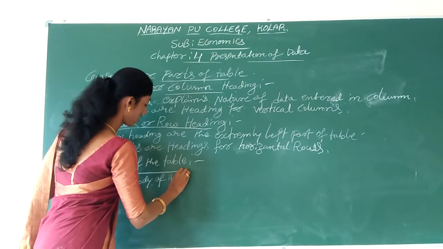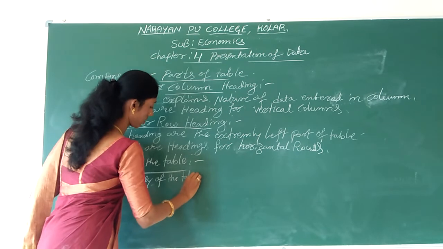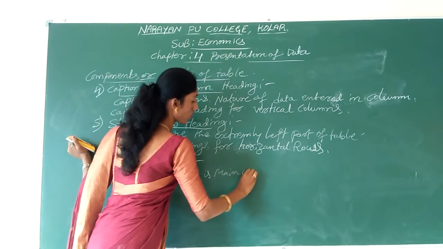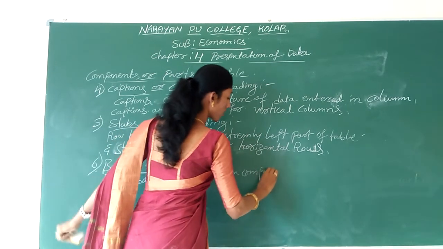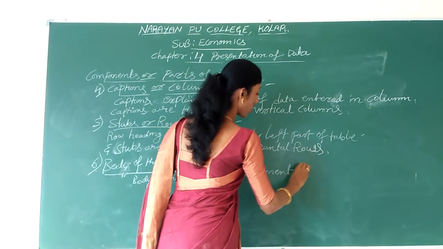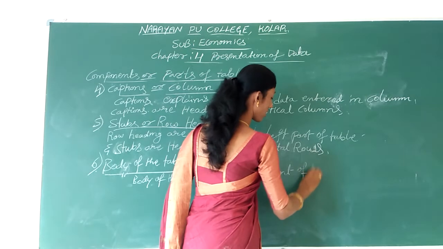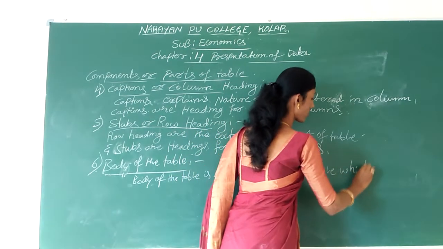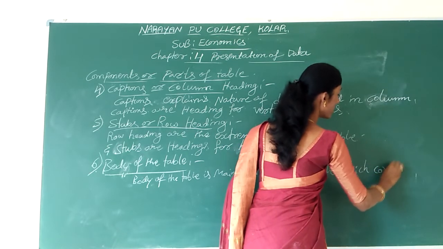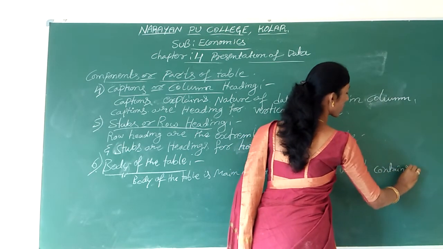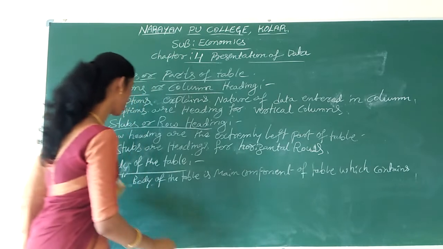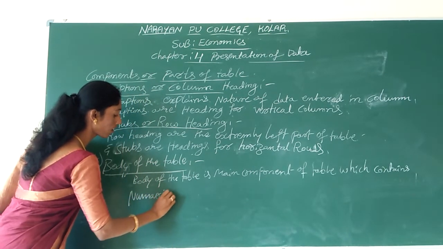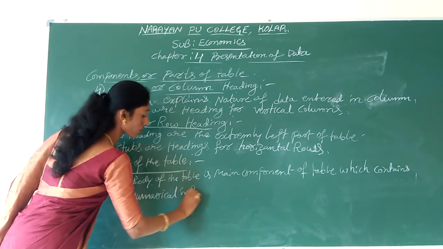The body of the table is the main component of a table which contains numerical information.